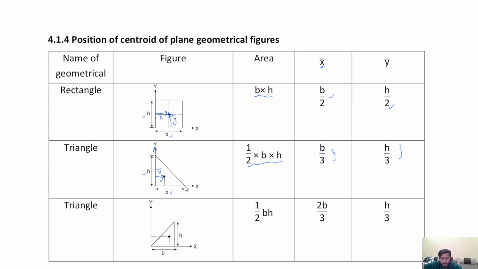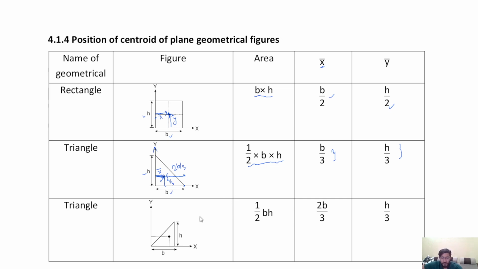If you move from this point, the distance will be 2b by 3. This distance is 2b by 3 and this distance is b by 3, that means the overall distance is b, and y bar is equal to h by 3.